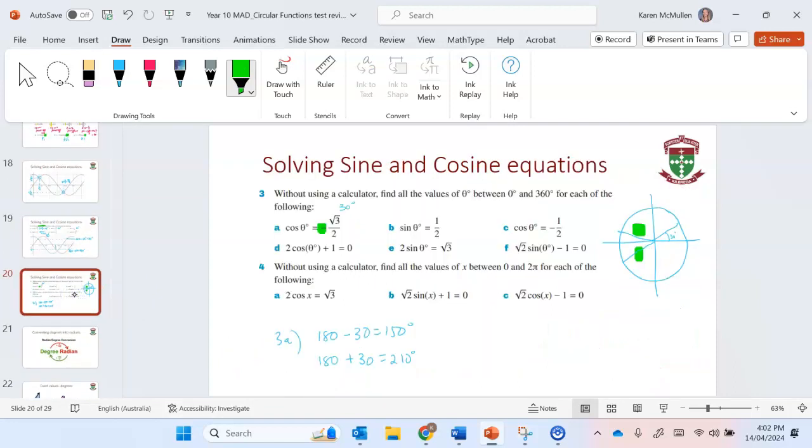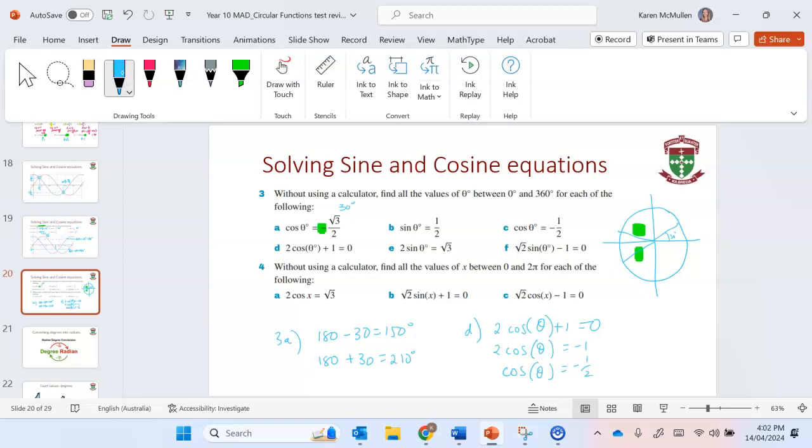All right, let's just do one. So if we have a look at question D, so we've got 2 cos theta plus 1 equals 0. All you need to do for this one is just rearrange it. All right, so we're looking at where cos is negative, so I've already highlighted them.